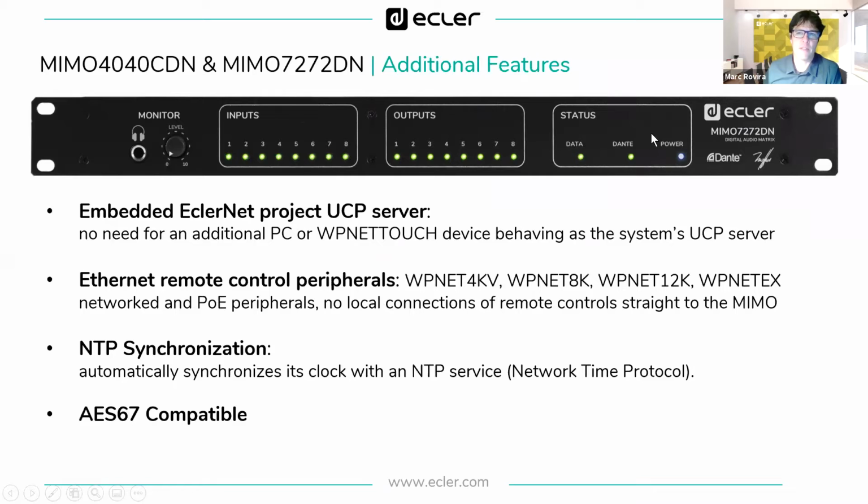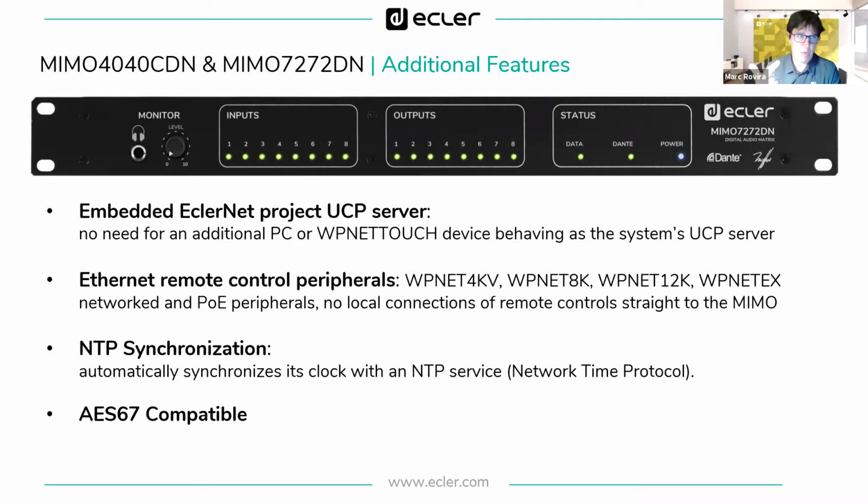These devices, 7272 and 4040 CDN, have an embedded UCP server. So up to now, we have said that a PC can act as a UCP server to provide UCPs, user control panels, to each and every client.